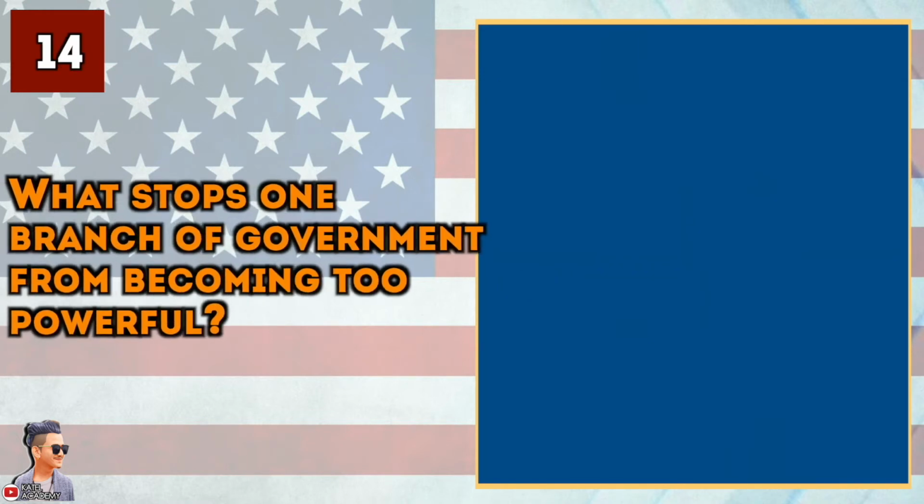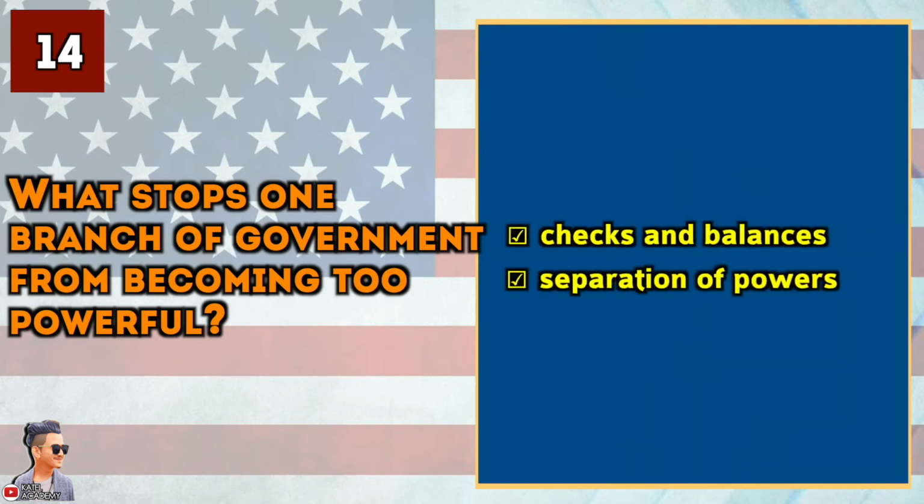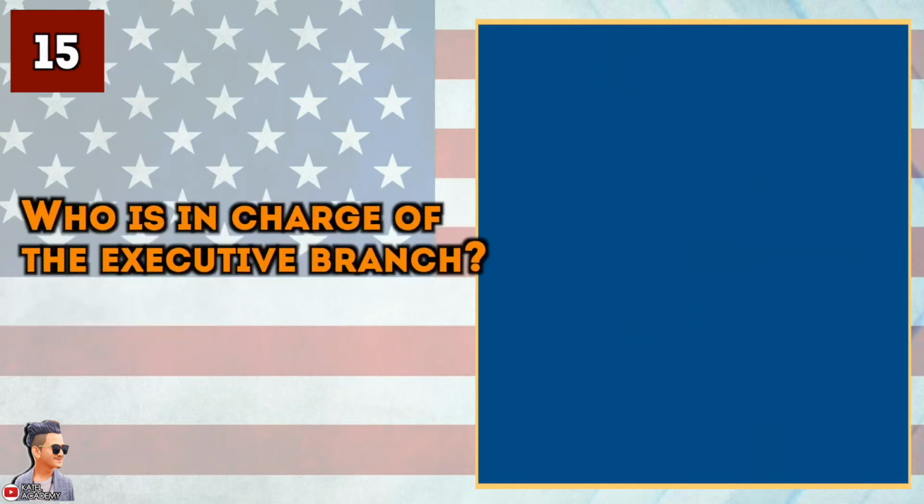What stops one branch of government from becoming too powerful? Checks and balances. Separation of powers. Who is in charge of the executive branch? The President.